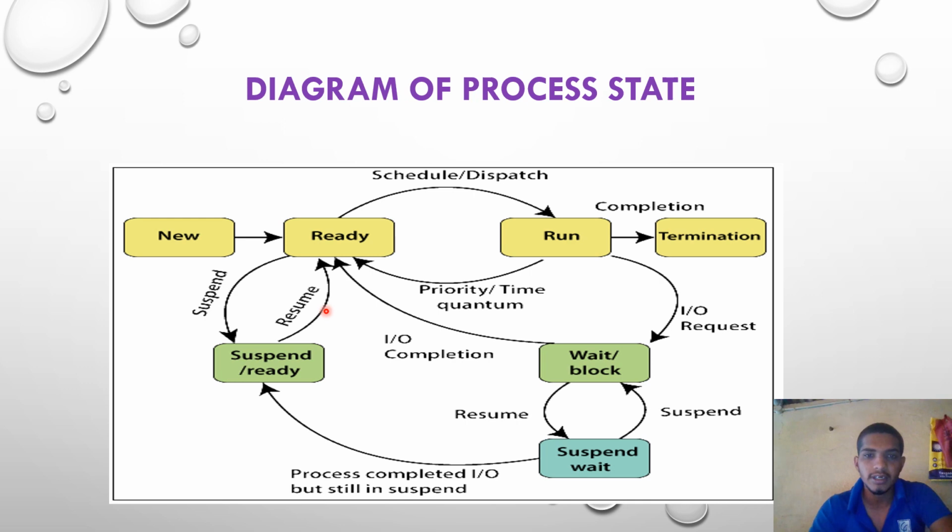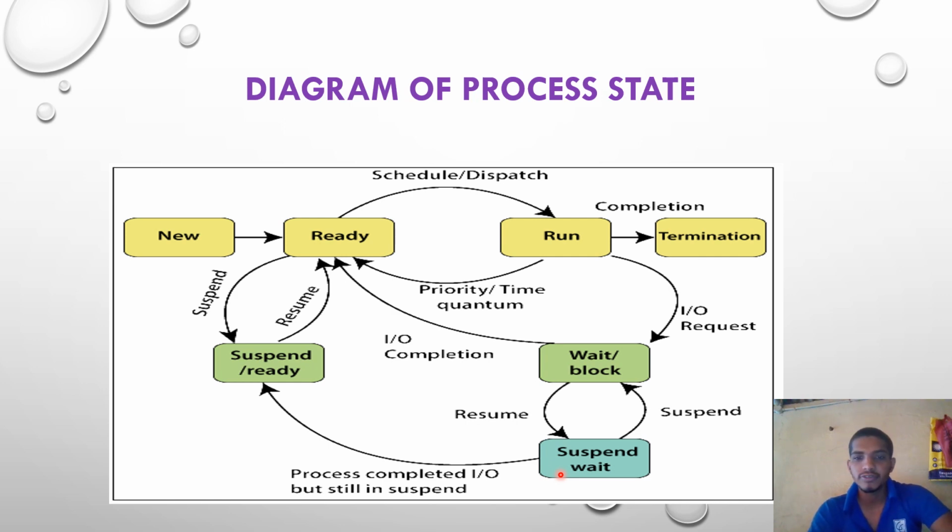This is very important, because the ready state, running state, completion state, and waiting state are in main memory, but new state, suspended ready state, and suspended waiting state are in secondary memory. Now we have to see what the suspended waiting state is.